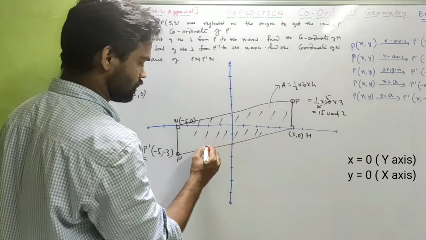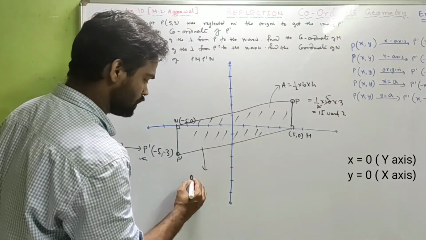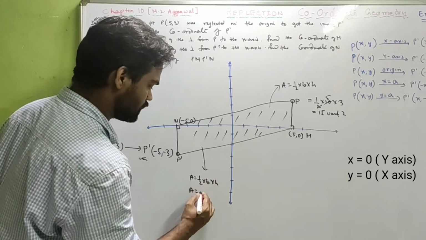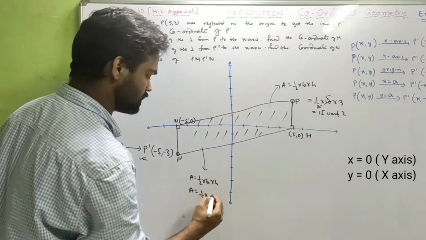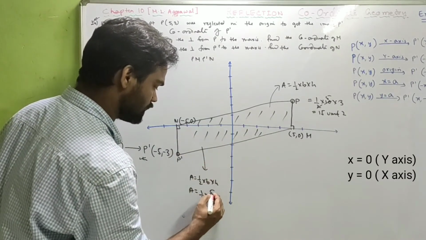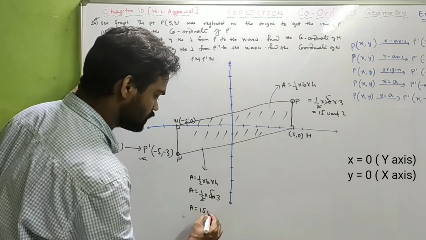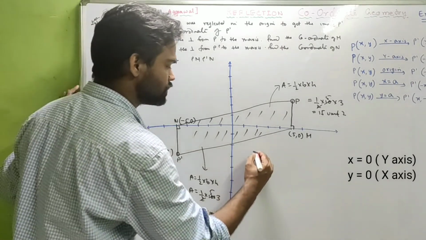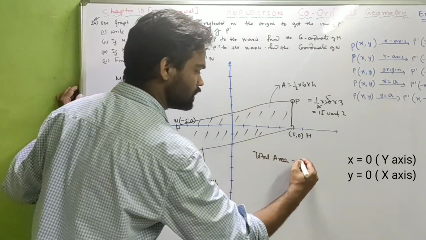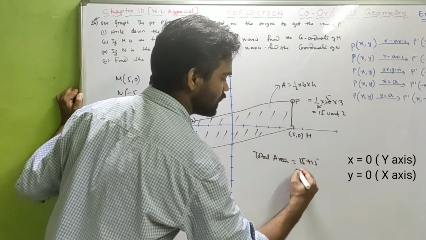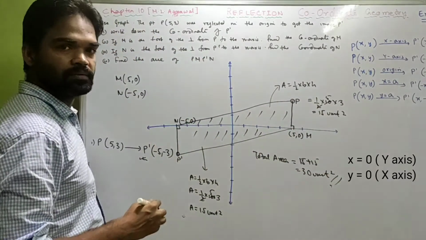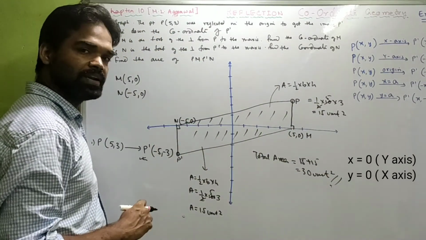Similarly, for this triangle also, area is half into base into height, the base is 10 and the height is 3 unit, so that's 15 unit square, which means the total area of the figure will be 15 plus 15, that's 30 unit square. Done. Now let us see the next sum.